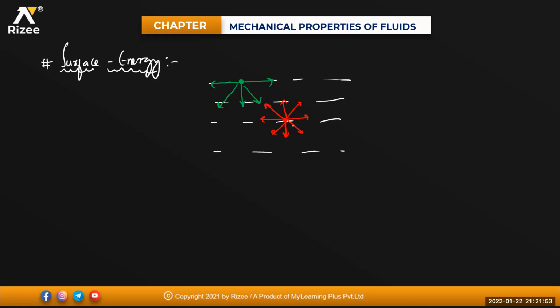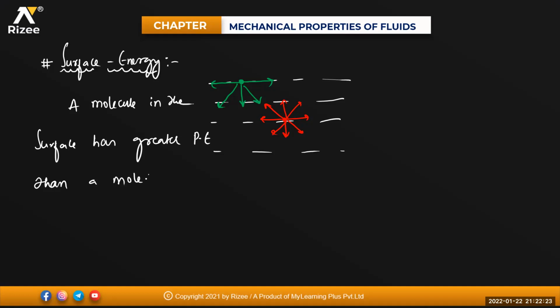Or another way to define this surface energy is the work done in increasing the area of the surface film. So work done, I can calculate the formula here right now. Can write here: a molecule in the surface, or on the surface, I can say, has greater potential energy than a molecule which is inside the liquid.